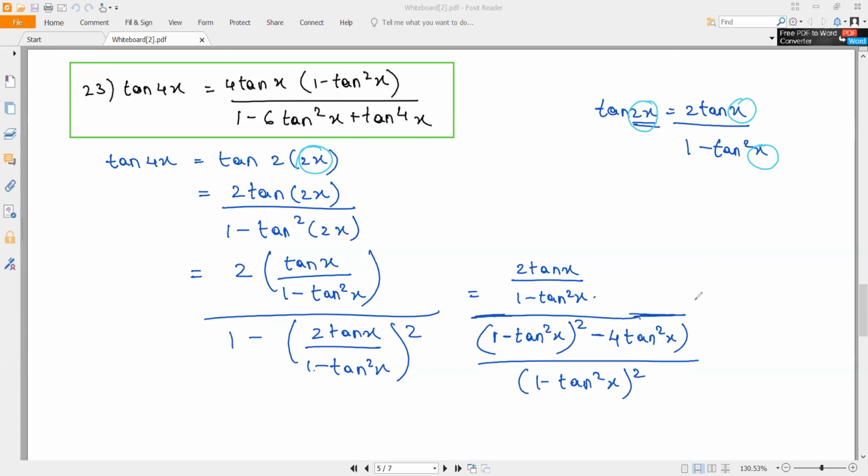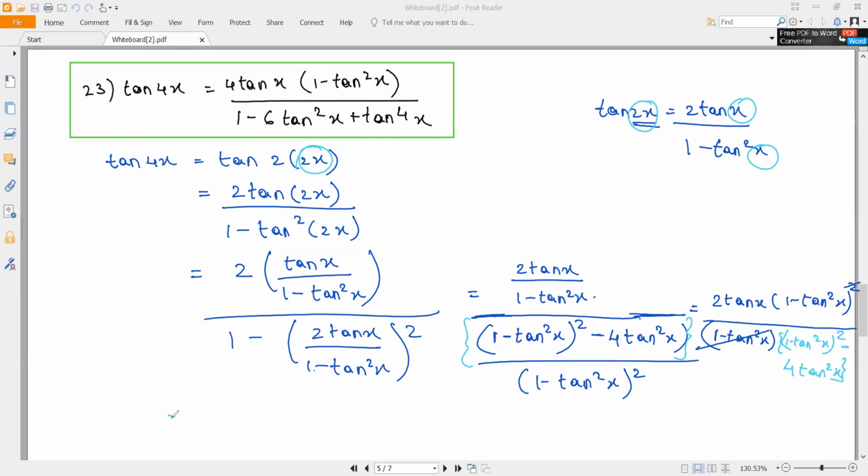So this part will go upstairs and you'll have 2 tan x into 1 minus tan square x whole square. This part will be multiplied in the numerator, whole upon 1 minus tan square x gets cancelled with this, and this whole term over here, which is 1 minus tan square x whole square minus 4 tan square x.